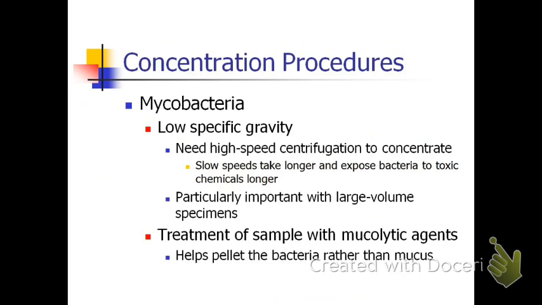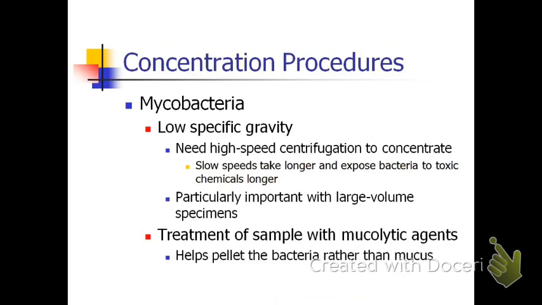Okay, so how do we concentrate the organism? After we apply this, we have to centrifuge the specimen. Now take note, do not centrifuge the specimen in open air. The tube that contains the specimen must be well capped.